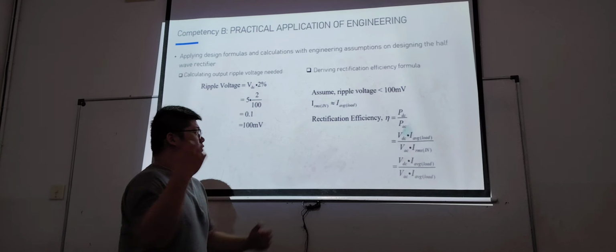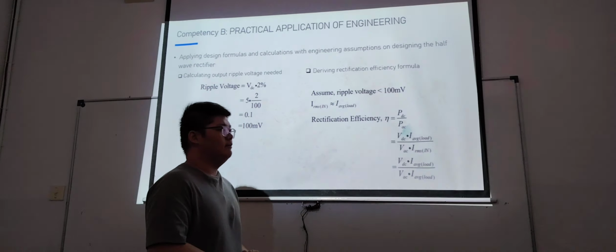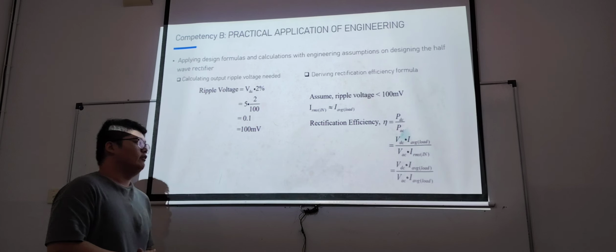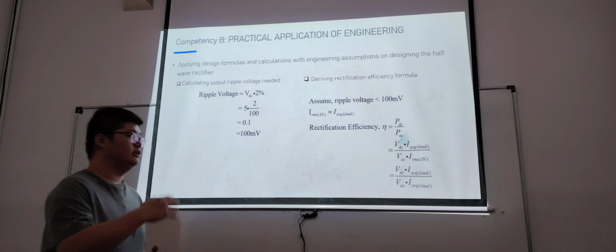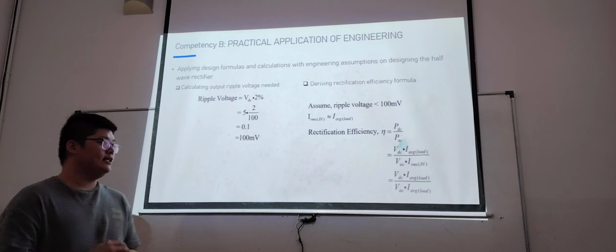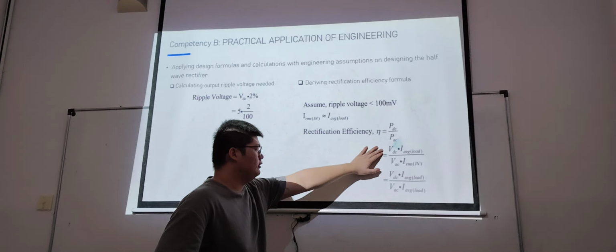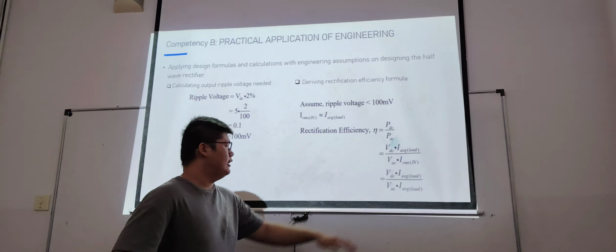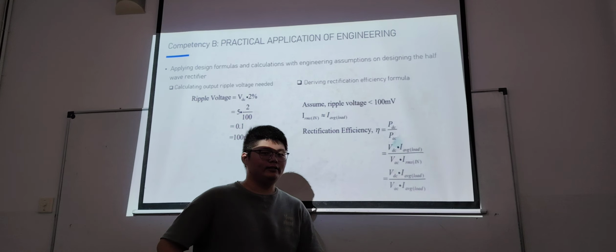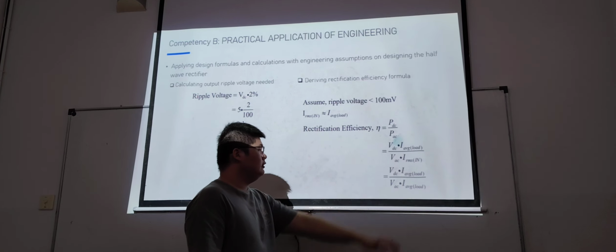Other than that, I also have to derive the rectification efficiency formula. Normally, rectification efficiency is the DC power over the AC power. So as you can see here, I substitute V_DC times I_average load, and V_AC times I_RMS in.